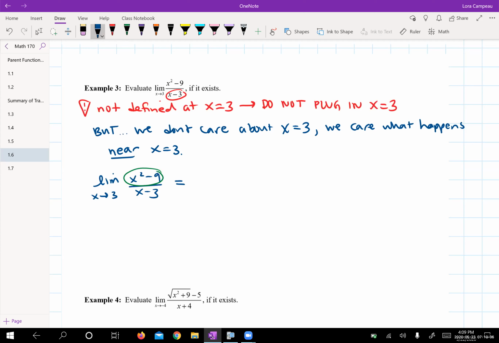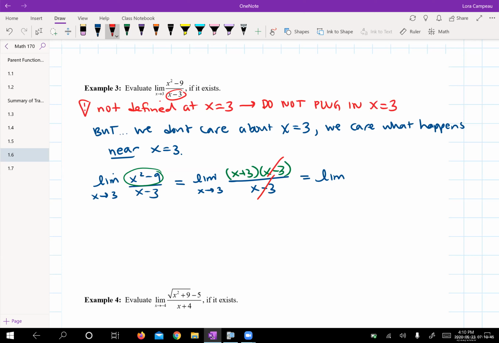So if I look at the limit as x approaches 3 and I look at my new factorization, I have x plus 3 times x minus 3, and still in the denominator, x minus 3. You can divide out this x minus 3 over x minus 3 because x is not equal to 3 in the domain, so we don't have to worry about it.